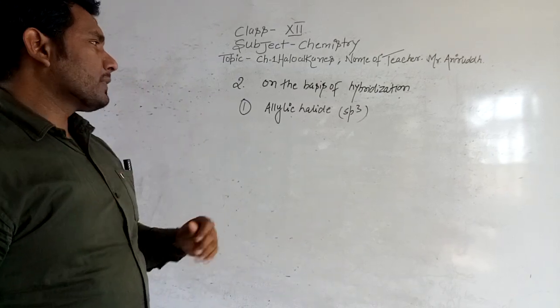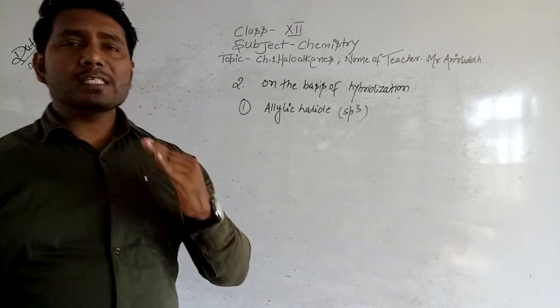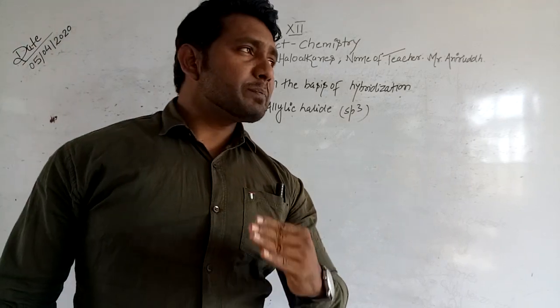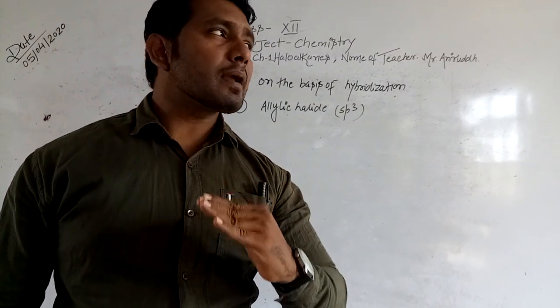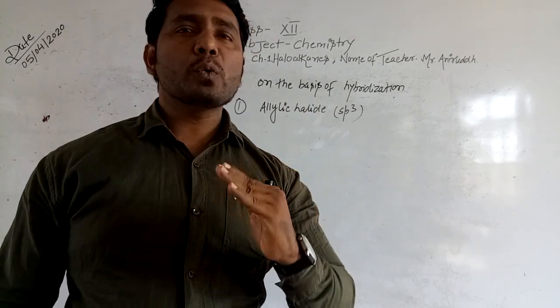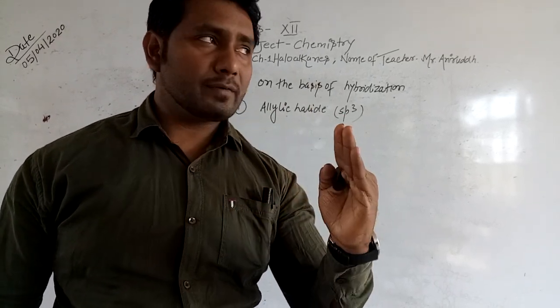Compounds in which the halogen atom is bonded with an sp3 hybridized carbon atom next to the carbon-carbon double bond are known as allylic halides.